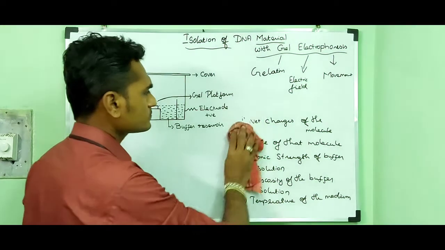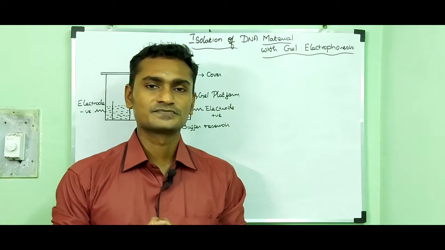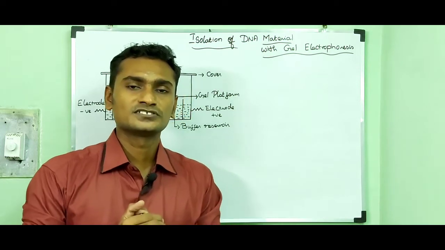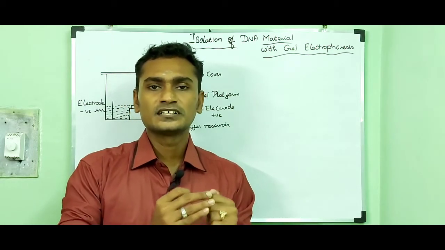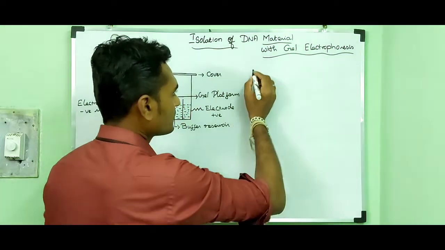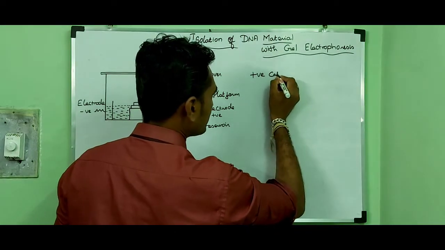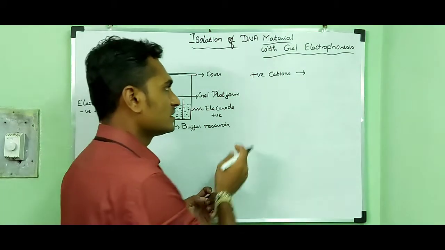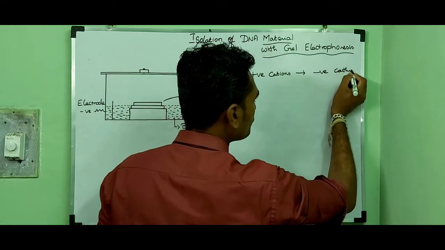Then let me tell you the principle of gel electrophoresis. Suppose that molecule is a positively charged molecule. When subjected to an electric field, it can move towards the negatively charged terminal. So if that molecule is a positively charged cation, it moves towards the negative cathode.